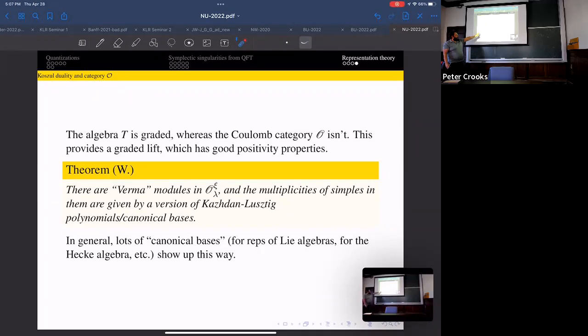This is a common way for canonical bases to show up. For example, canonical bases in representations of Lie algebras show up this way for Nakajima varieties, or I should say, for the quiver gauge theories.